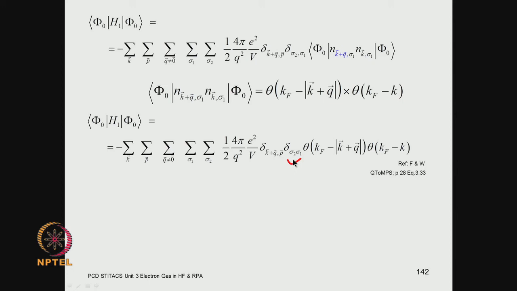Now, this delta sigma 2 sigma 1, when you sum over sigma 2, will give you a term only when sigma 2 is equal to sigma 1, right. But then you have a further summation over sigma 1, but the terms are identical for spin up and spin down.